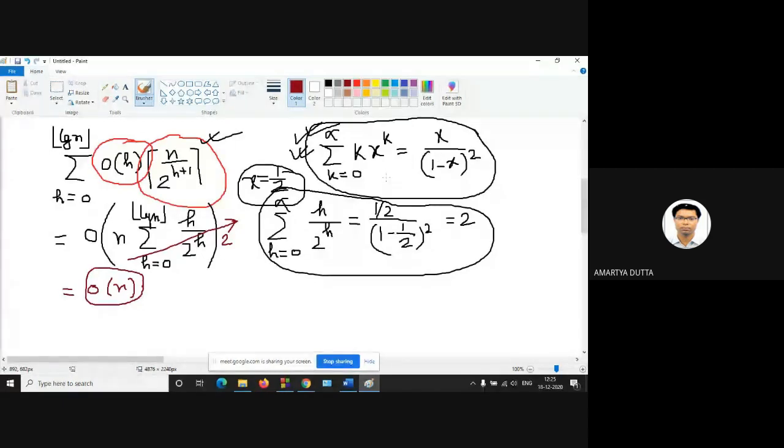I will provide a note regarding the formulas and the complexities. You have to use the infinite series and put x equal to half. Then you will get the constant term, which is 2, and the complexity is order of n.